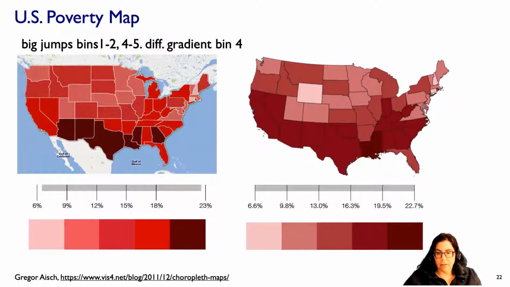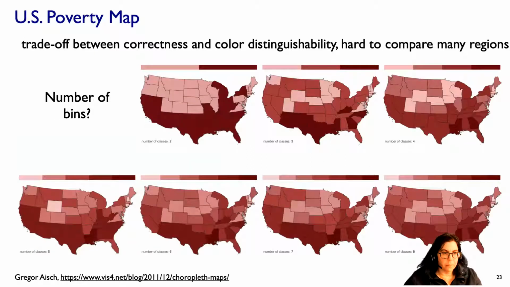In contrast, we have a much more equal sized perceptual jump as we go from light pink all the way through to dark maroon on the right here. And so the argument is that's actually a much more reasonable way to have a color palette, which is probably going to be more veridical, more true at showing the data. And again, you see quite different patterns in these two maps.